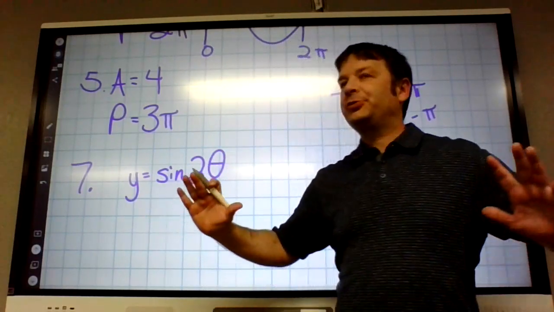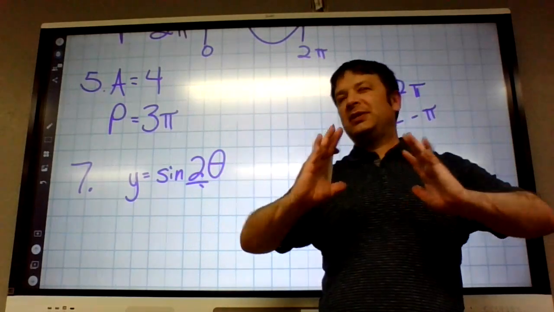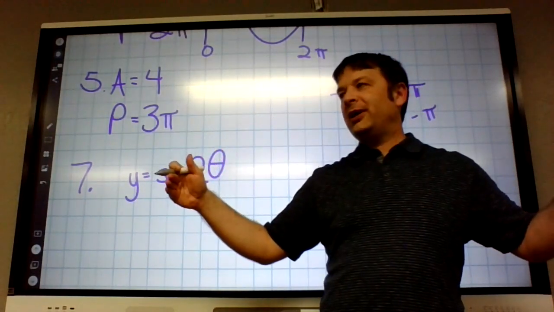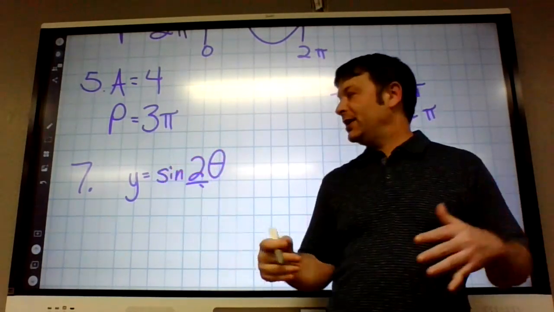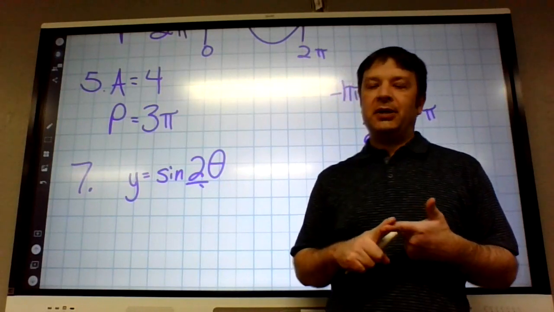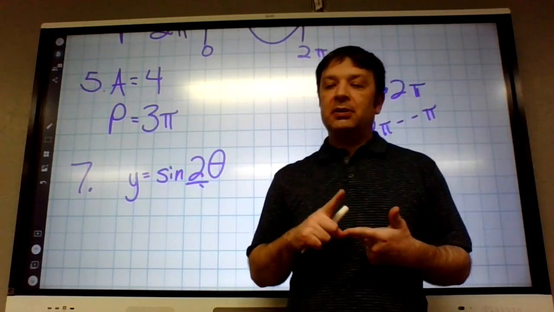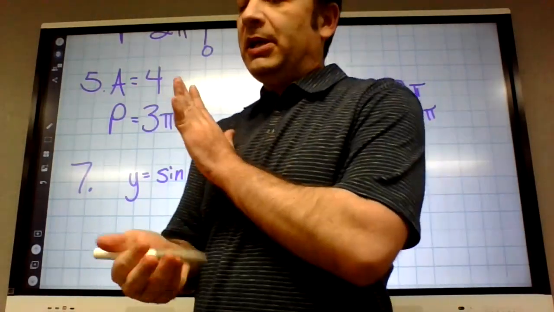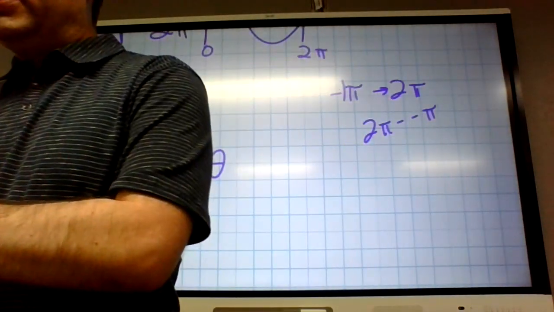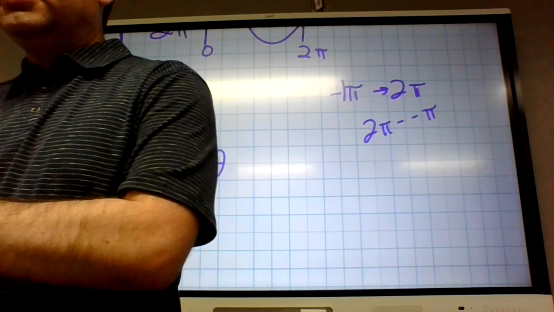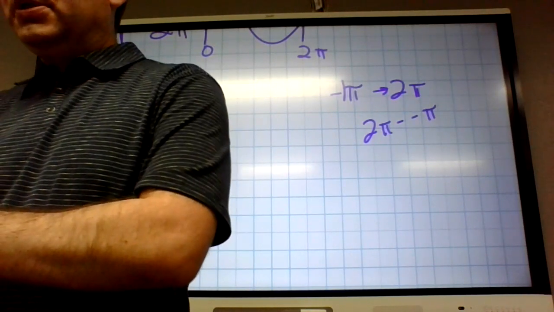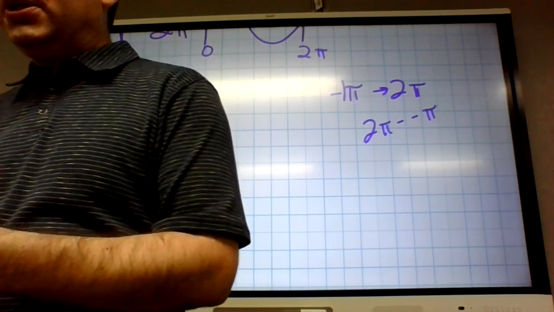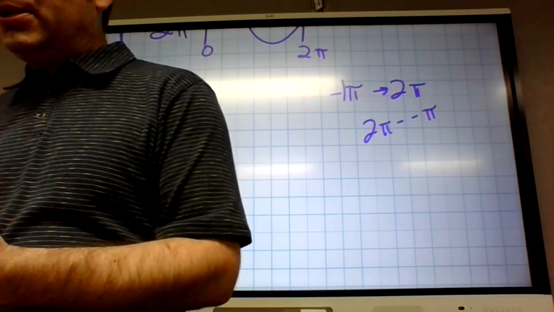It's a horizontal squish. So instead of a 2 pi period, we're looking for a pi period. And what should sine look like in the middle? Start at 0. So that could be E, could be A.